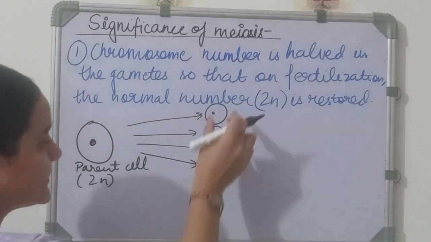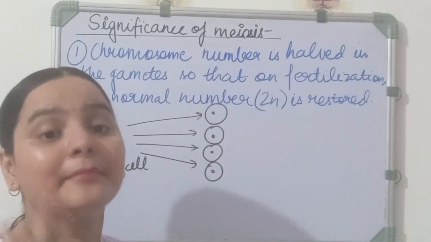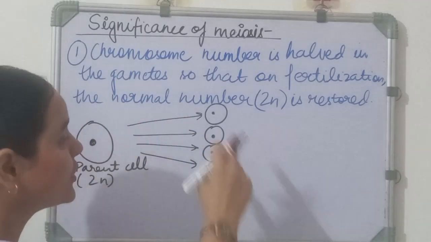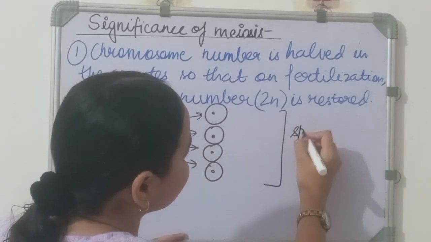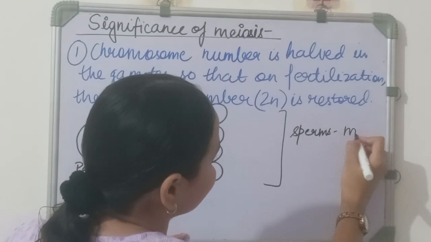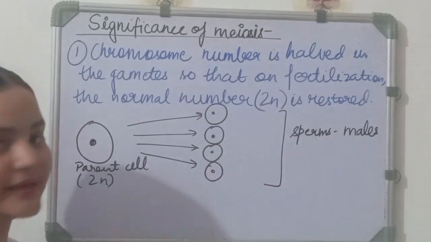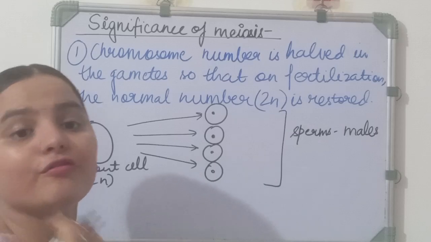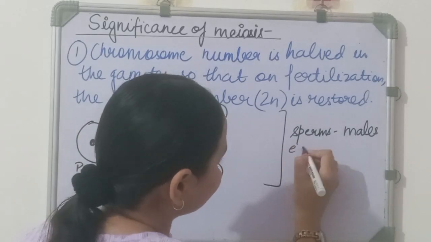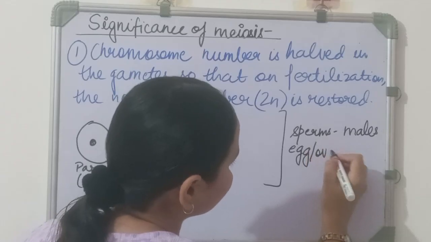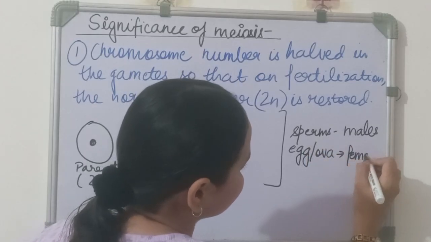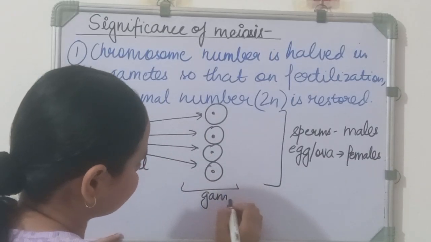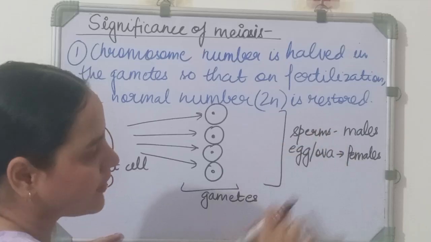These daughter cells are actually the gametes. In case of human males, the testes form sperms, so these daughter cells are sperms. In case of human females, these are egg or ova. So these four are the gametes, which may be sperm or egg.